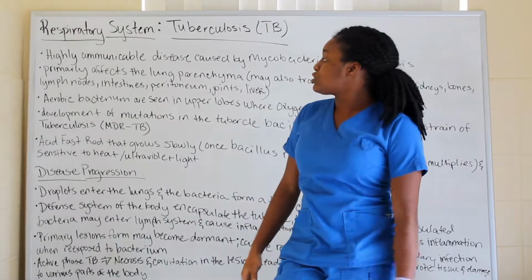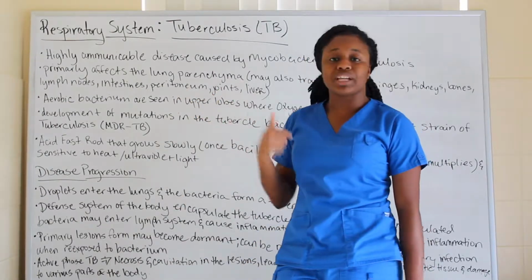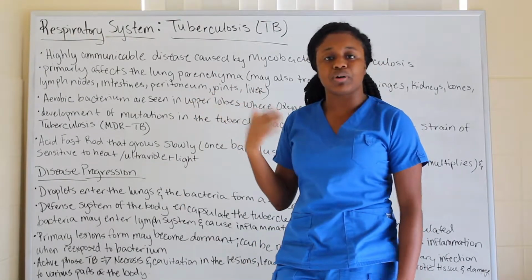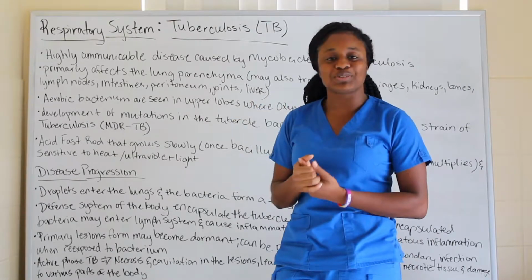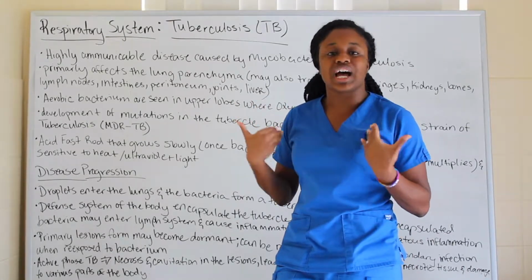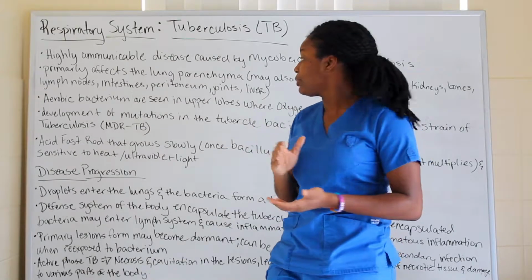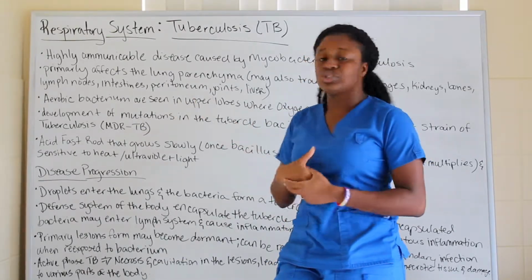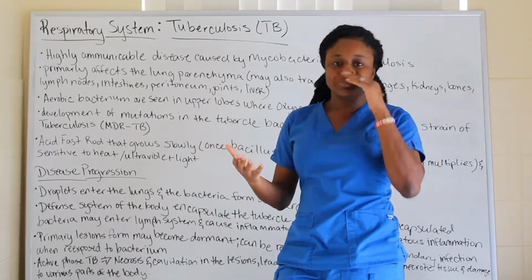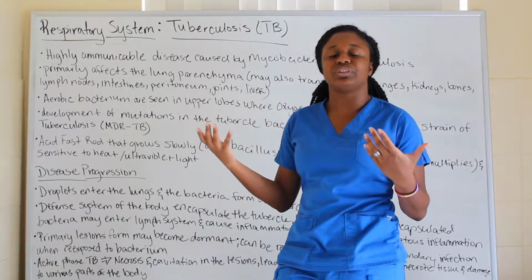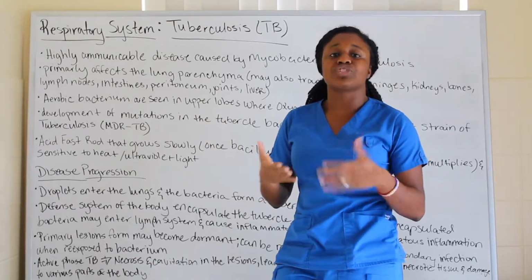Also, you have the aerobic bacterium, which is mostly going to be seen in your respiratory tract, just because that's where you have the highest content of oxygen. Also, you have the development of mutations. With any bacteria, you always have the risk of multi-drug resistance.